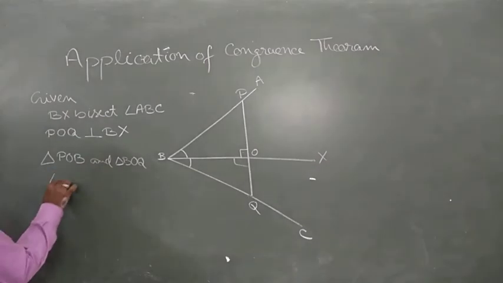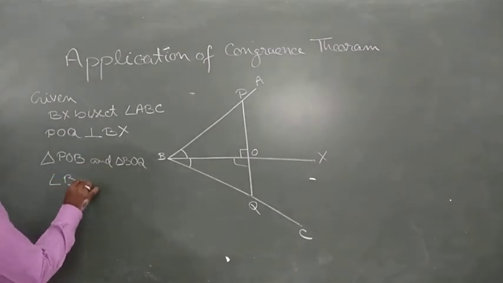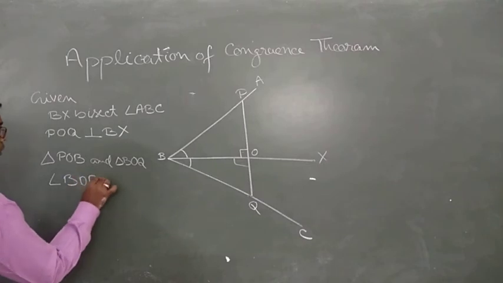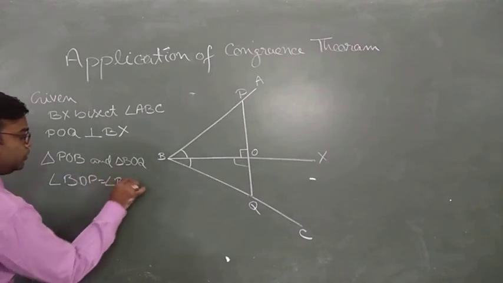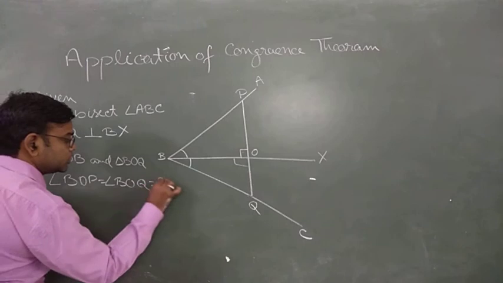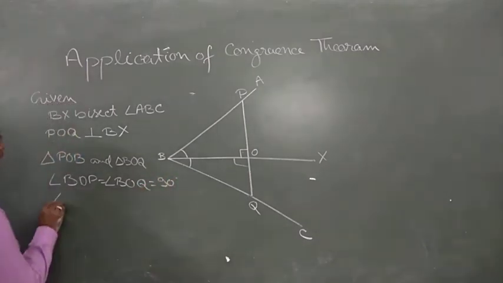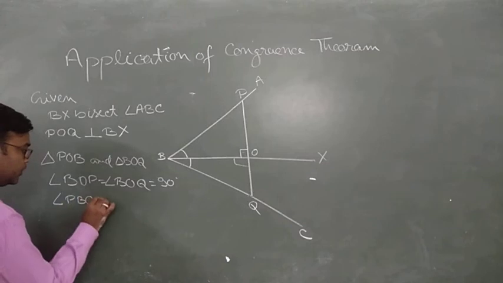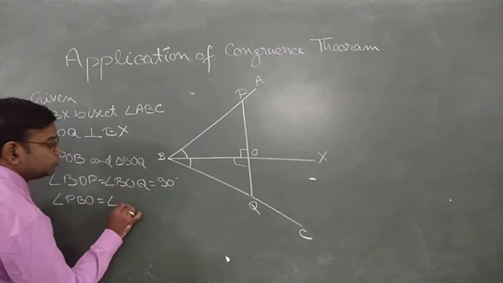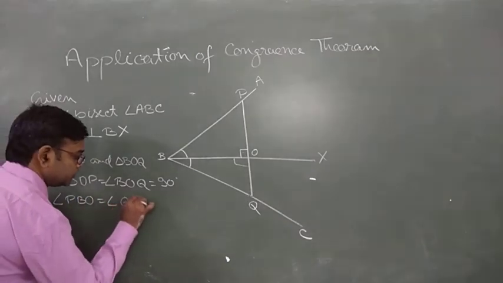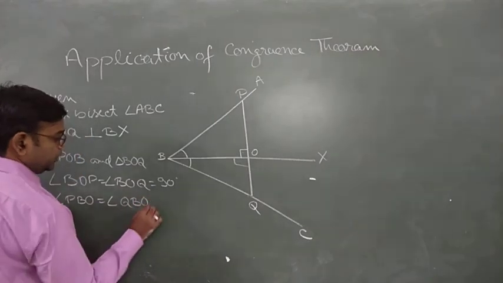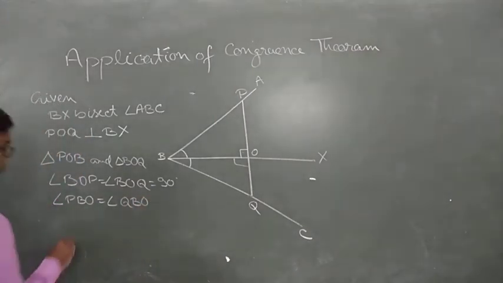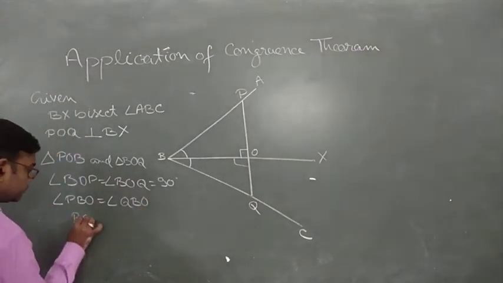So we can write angle BOP equals angle BOQ equals 90 degrees. Angle PBO equals angle QBO, it is given, and also line BO is common.